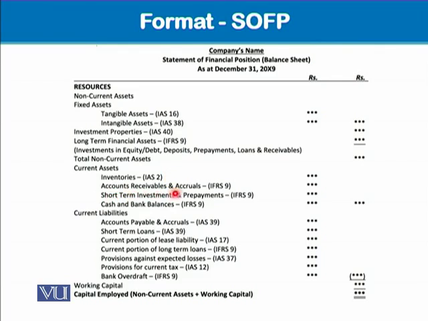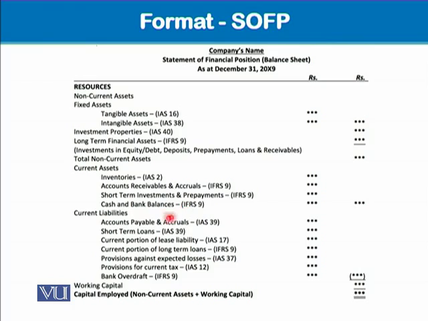Accounts receivable are recoverable in the normal operating cycle or within 12 months. Short-term investments are with us either for trading or will be recovered within the 12 months period, and then cash and cash equivalent. So all these current assets are placed in a column and its outer column will show the total, so that we have the non-current assets and current assets with us.